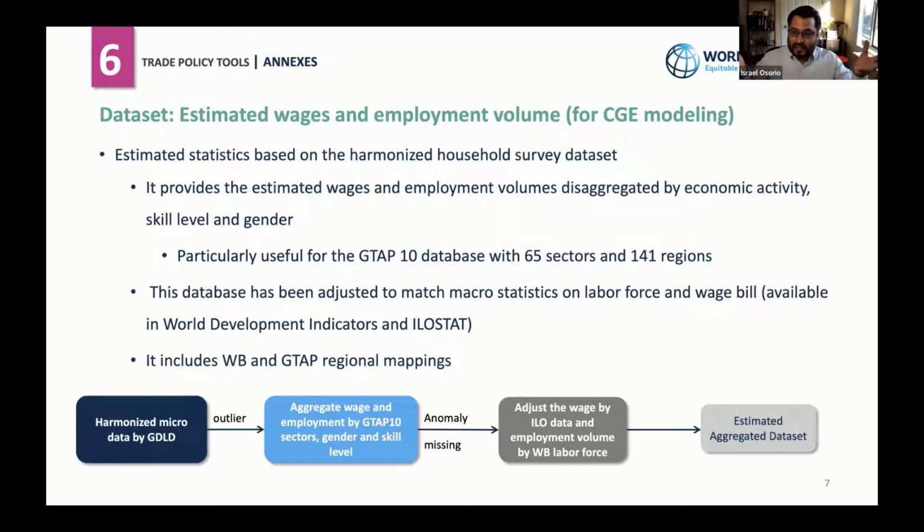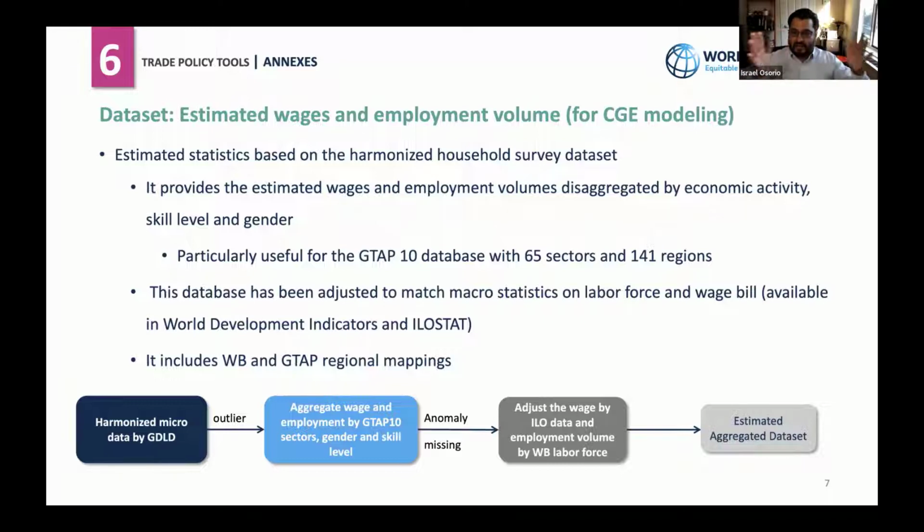We build initial estimates, and then we cross-compare with other estimates from our own sources, from the ILO, and from the GTAP value added of labor.